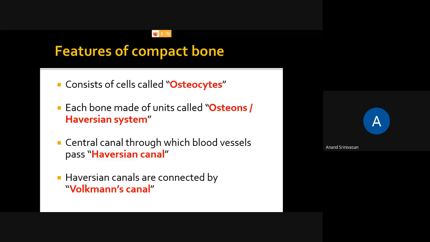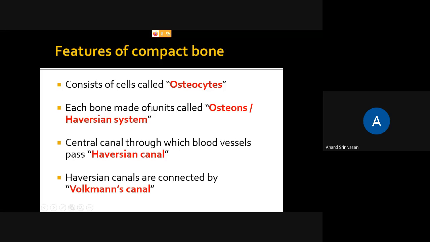In cartilage we have seen they contain special cells called chondrocytes. In bone the special cells are called osteocytes.